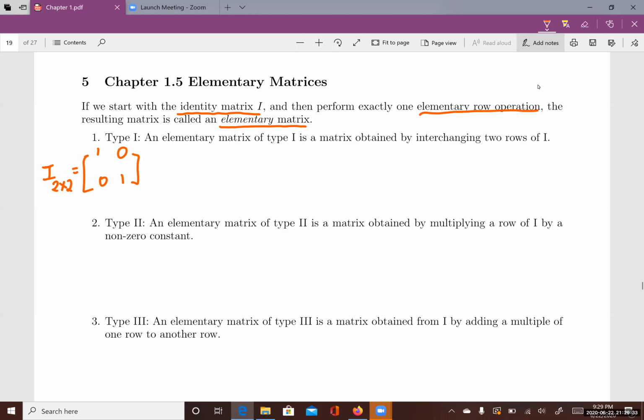Because we have three different row operations, we have three different types of elementary matrices.